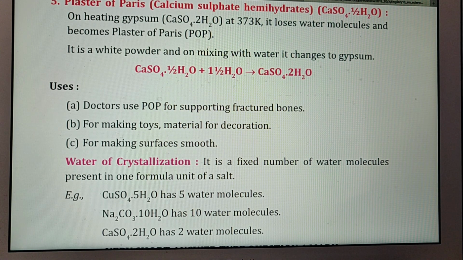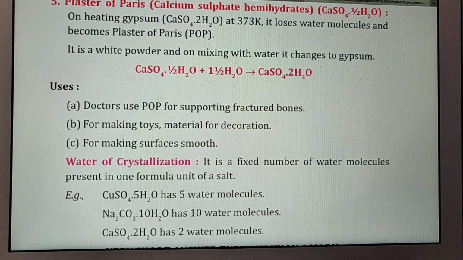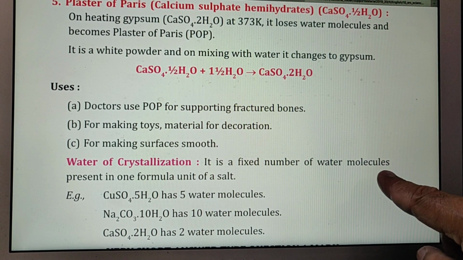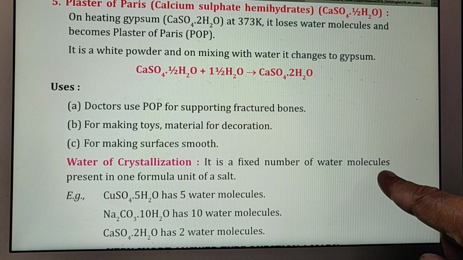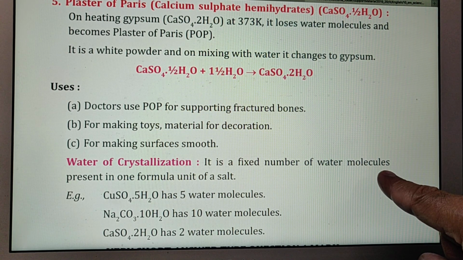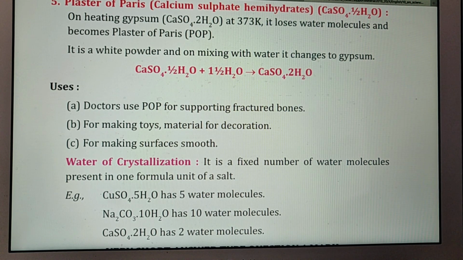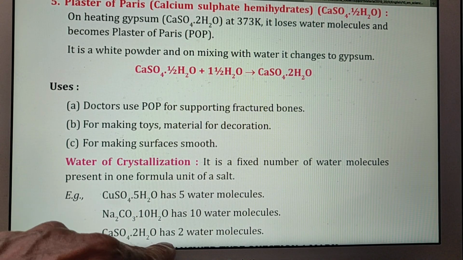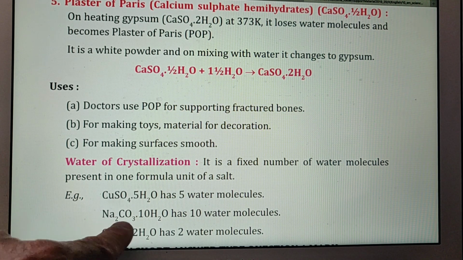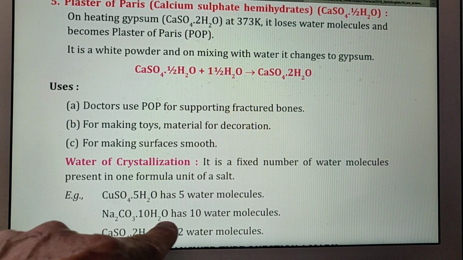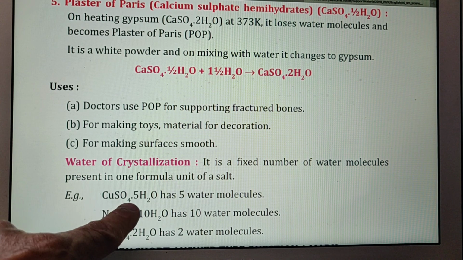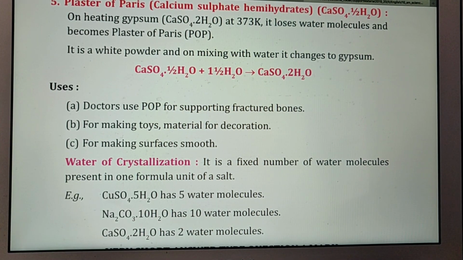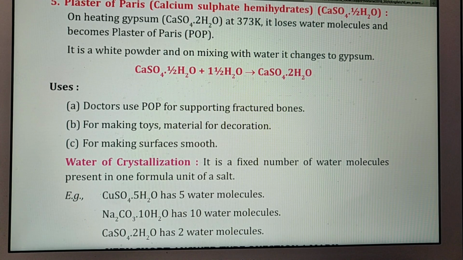Water of crystallization. You know, it is the fixed number of water molecules present in one formula unit of a salt. Calcium sulfate has 2 water molecules. Sodium carbonate has 10 water molecules. Copper sulfate has 5 molecules of water attached.